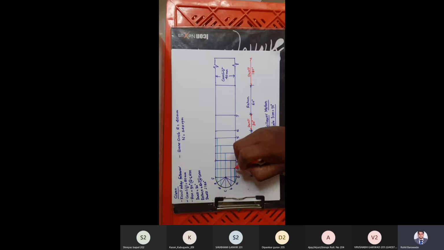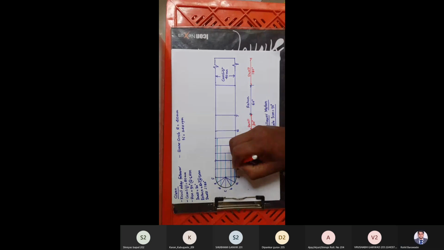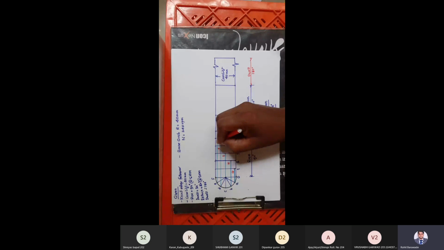Here I'm also giving names. Consider them as A, B, C, D, E, F, then G, H, I, J, K, and the last point L, and the line is joined through these points.